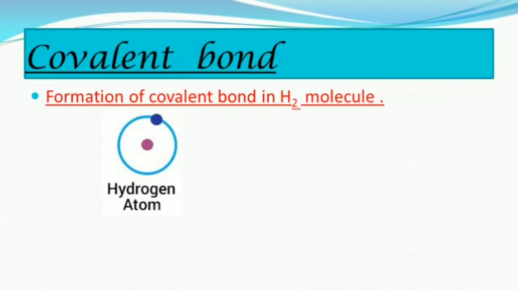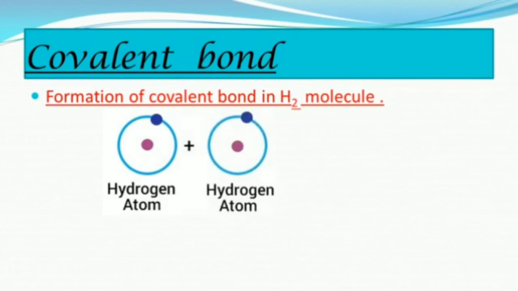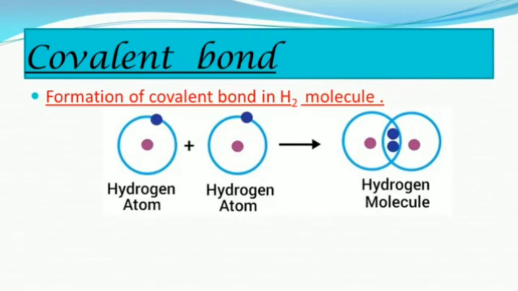Now here the hydrogen atom has one electron in its outermost shell. Its duplet is short of one electron and therefore the valency of hydrogen is 1. The two atoms of hydrogen are identical and have similar tendency, and therefore they share their electrons with each other, because they have only one electron in the outermost shell.